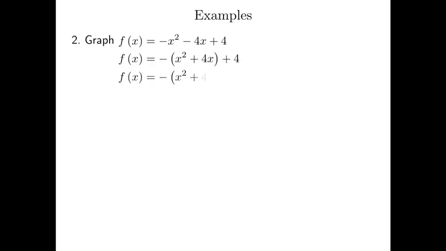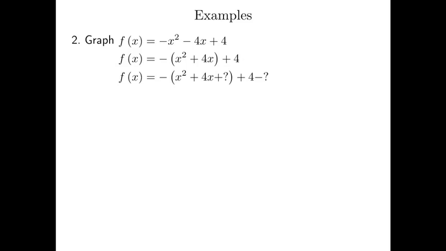Here's another example. Let's graph f of x equals minus x squared minus 4x plus 4. So again, we're going to begin to complete the square. Factoring out a -1 gives us minus quantity x squared plus 4x plus 4. Now we need to take 4, divide by 2, square it, add it on the inside, and then we need to take the opposite of it on the outside.